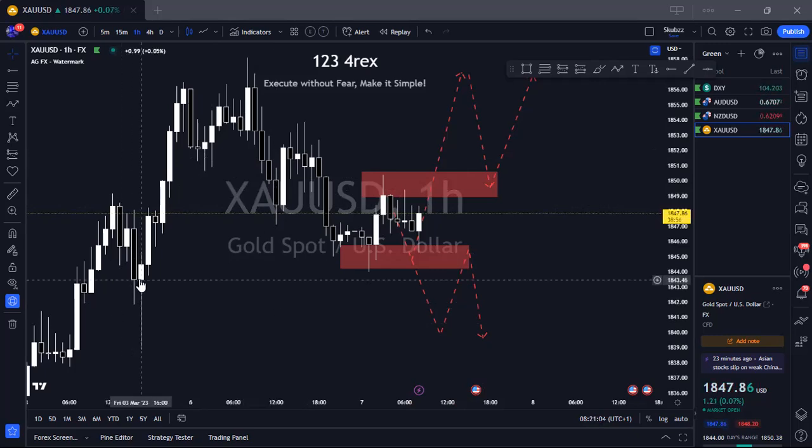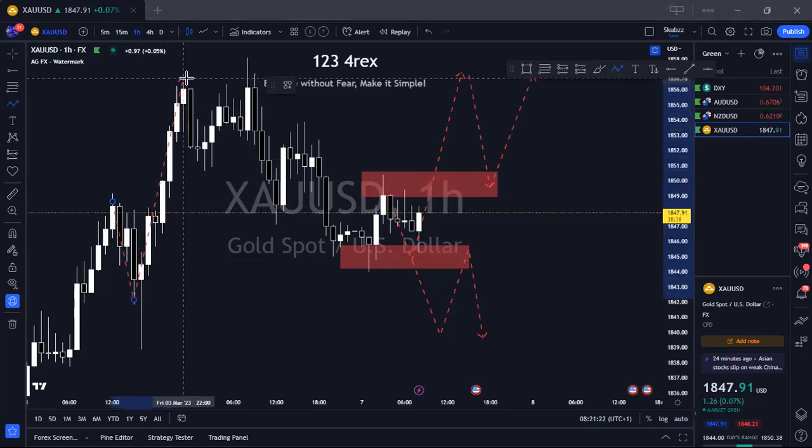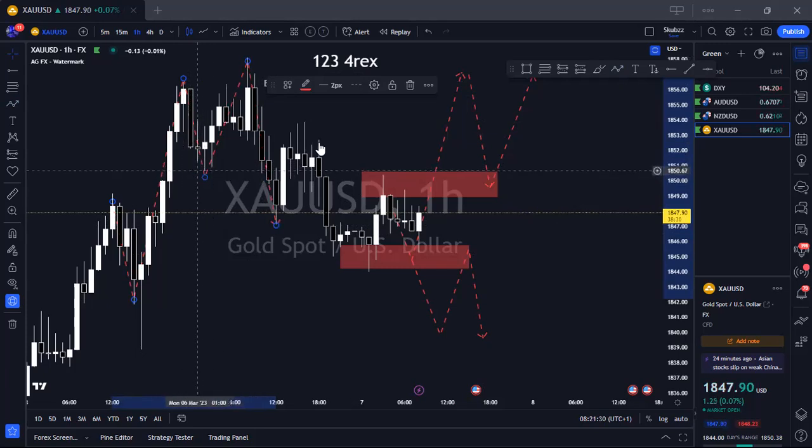So that was the zone I marked, and I was waiting for it to break that zone. Whenever we're looking at structure, you flow with the market. From this place here, we're in an uptrend, creating a series of higher highs and higher lows. Then at this moment we created a higher low but failed to create another higher high, and we broke the higher low to the downside. At this moment, sells were valid.